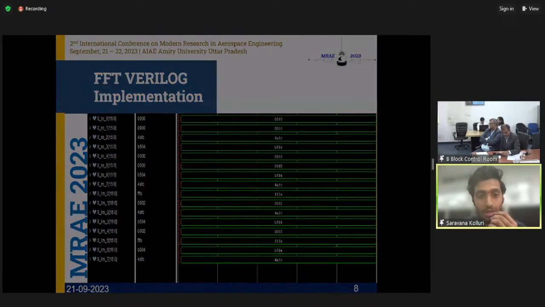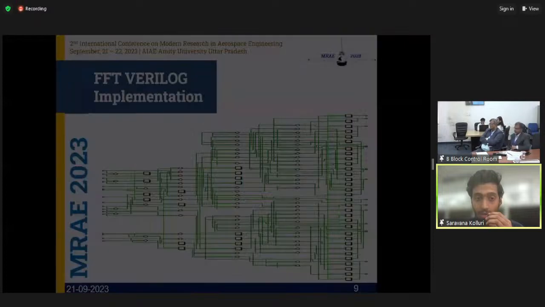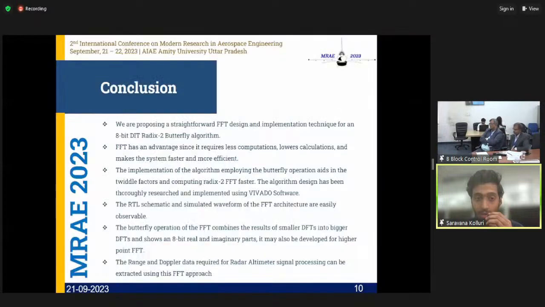Here is the schematic diagram after the algorithm I have built. I have proposed a decimation in time radix-2 algorithm for FFT, which requires less computation and faster calculations, because the algorithm that I have used divides the N component samples into N by 2.